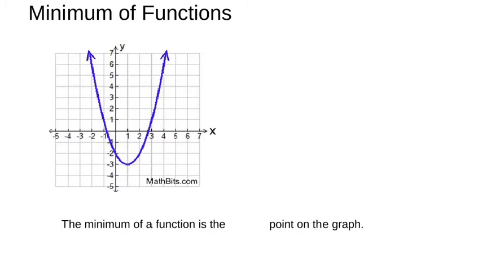Now we're going to talk about minimum values of the graph. The minimum of a function is the lowest point on the graph. Looking at this picture, this is the lowest part of that U. Since this lowest point is at -3, we would say the minimum is -3.